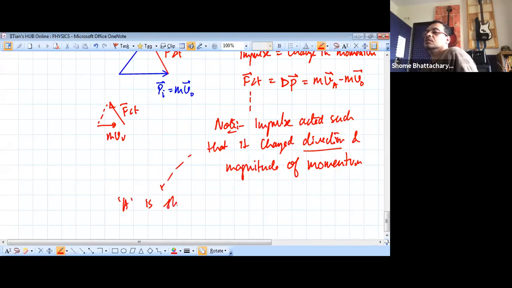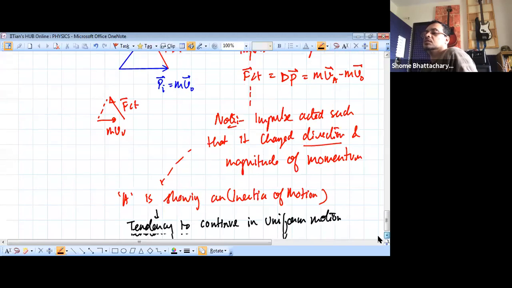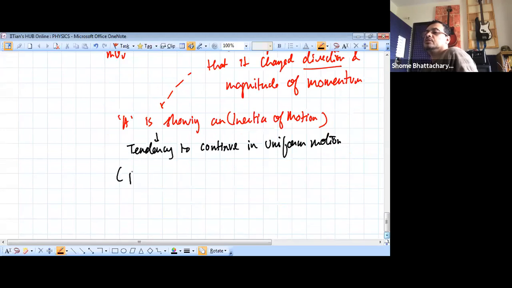So again, in this case, the body E is showing an inertia of motion type of property. That is, it has a tendency to continue in its state, to continue in uniform motion, which is its state of initial momentum.